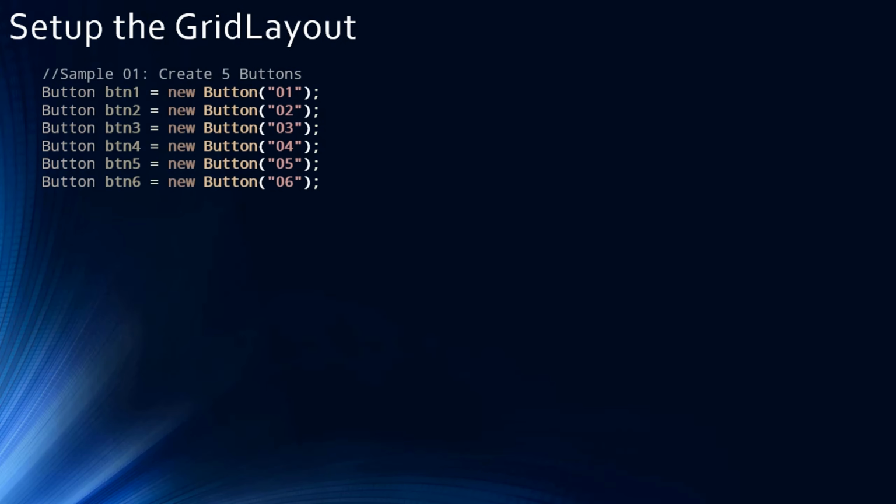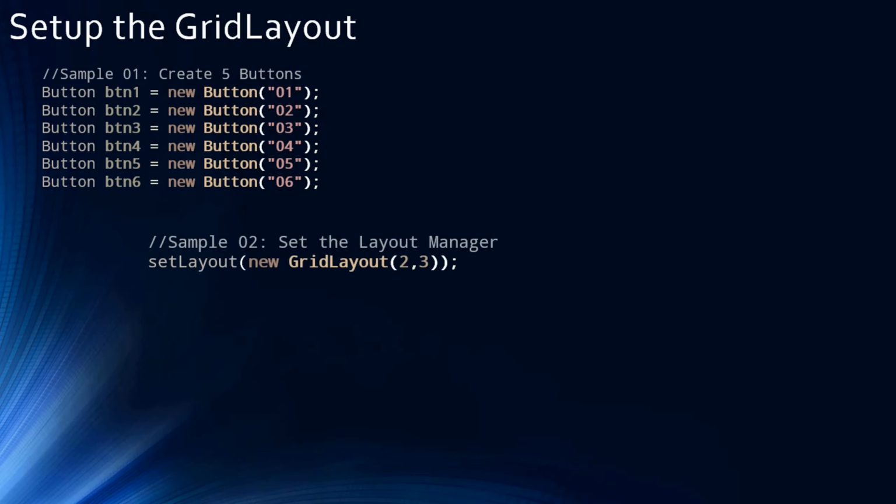So the code: first we will create 6 buttons. You are already familiar with this code. We did it a lot of times. Next we set the layout manager. Instead of flow layout, here we are specifying grid layout, and for the grid layout we pass 2 arguments.